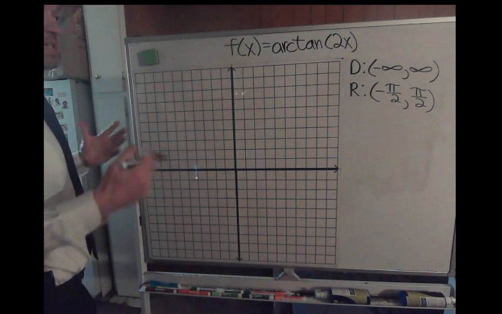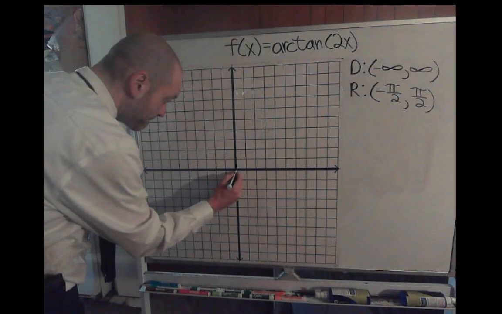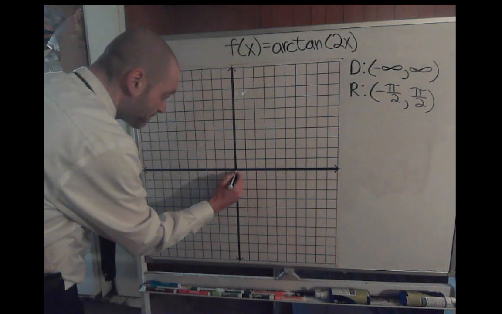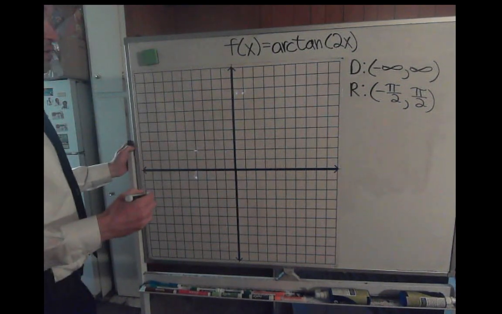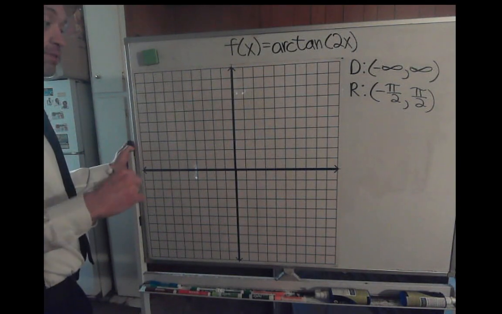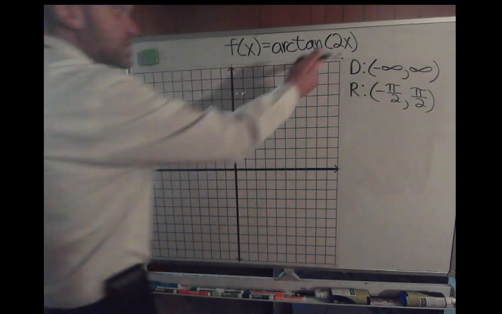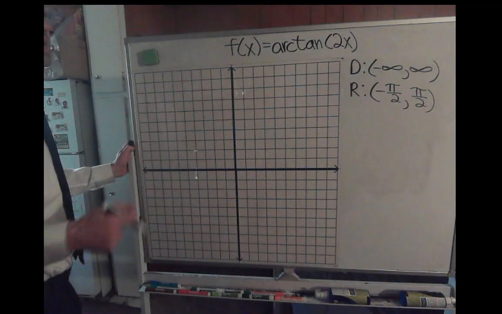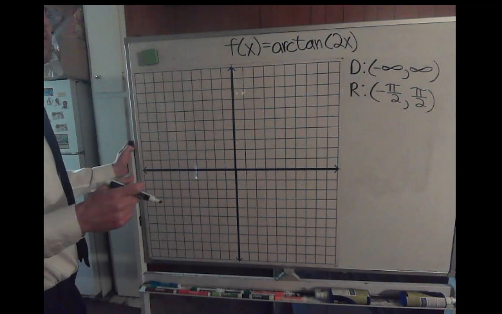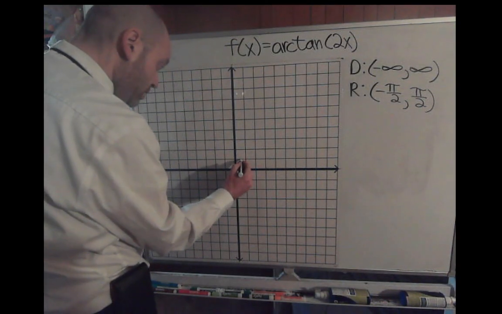Well, let's start at 0. What's the arctangent of 0? That's still 0, right? Now, this time, let's say I put in x being 1/2. If x is 1/2, that gives me the arctangent of 1, which would actually be pi over 4.